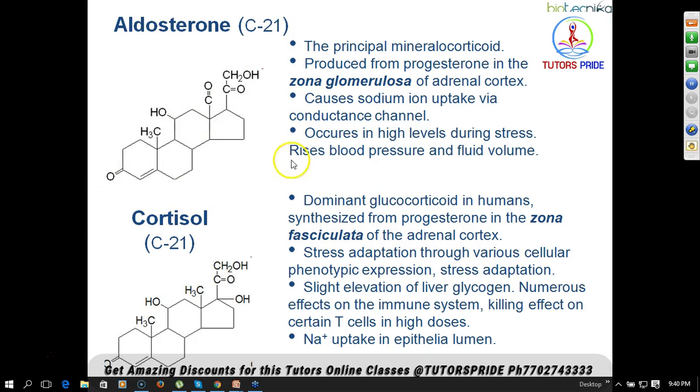This is the structure for aldosterone. And cortisol, as you can see, is the dominant glucocorticoid in humans. Cortisol is a glucocorticoid. Aldosterone is a mineralocorticoid. Cortisol, being a glucocorticoid, is synthesized by your zona fasciculata cortex, and helps state adaptation through various cellular phenotypic expression states. So under stress, it will make you adjusted to those conditions.